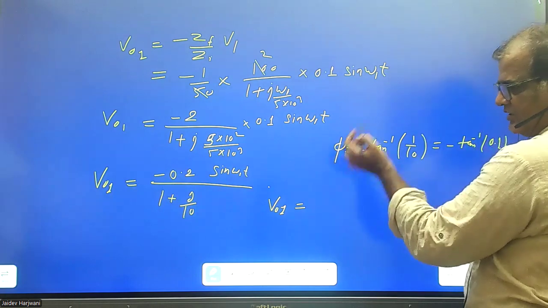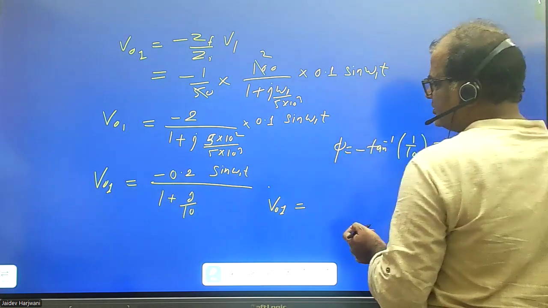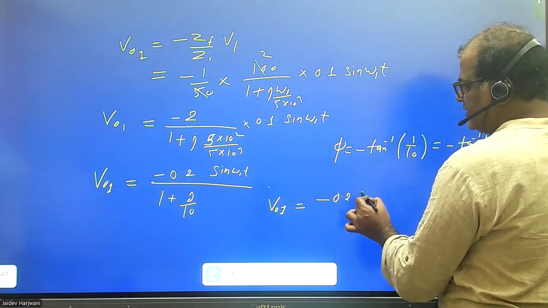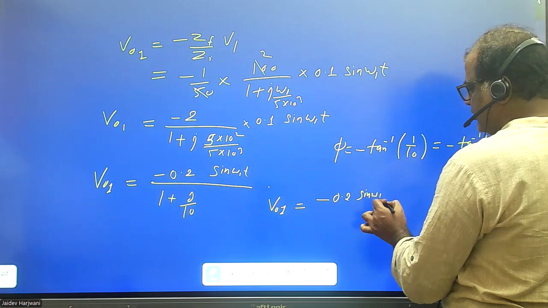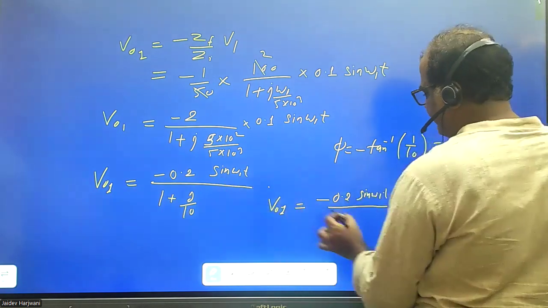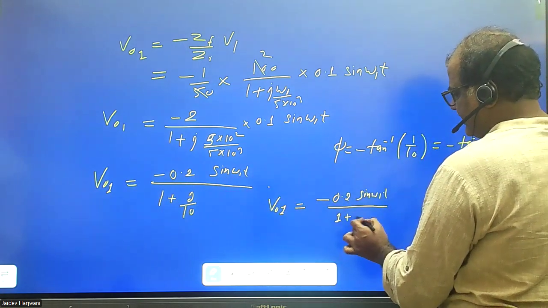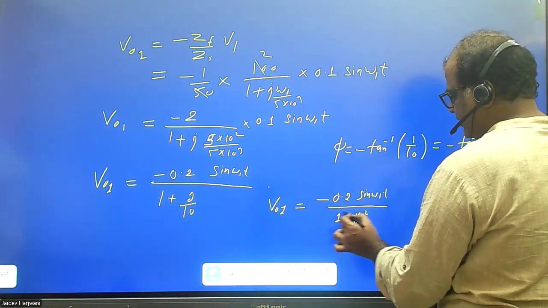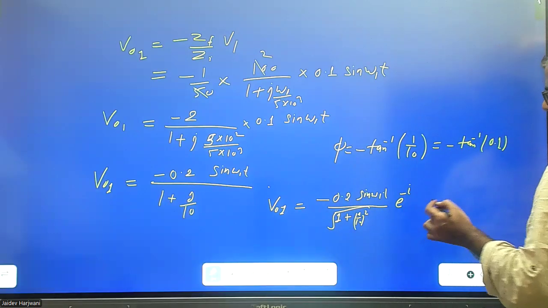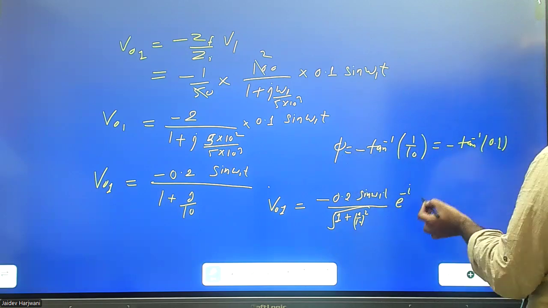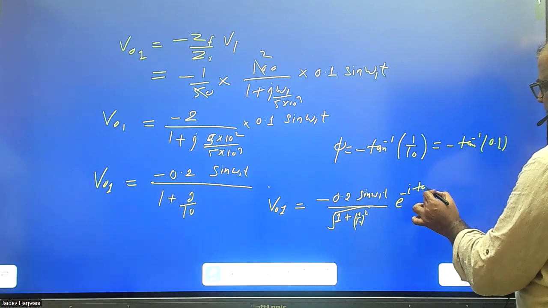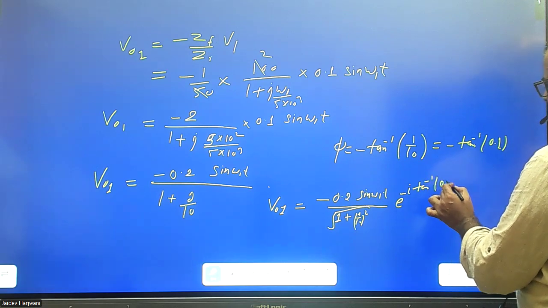Phase is almost a few degrees, so it is almost 0. So I can write my final answer will be minus 0.2 sin ω1t, and this magnitude will become 1 plus 1 upon 10 squared, and the phase is e to the power minus jφ, where φ is tan inverse 0.1.